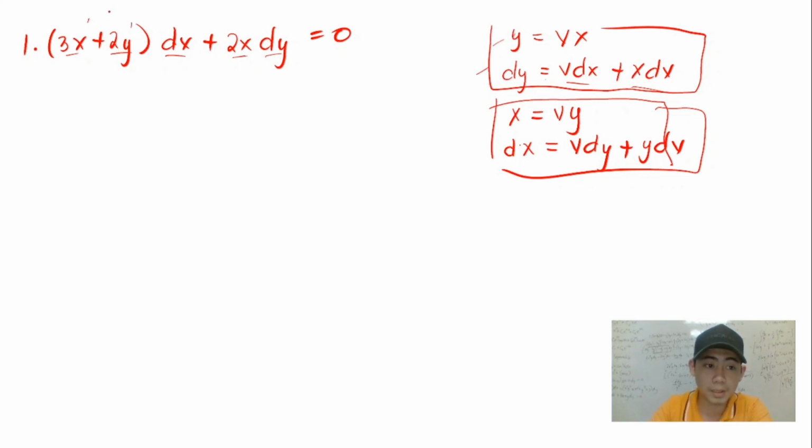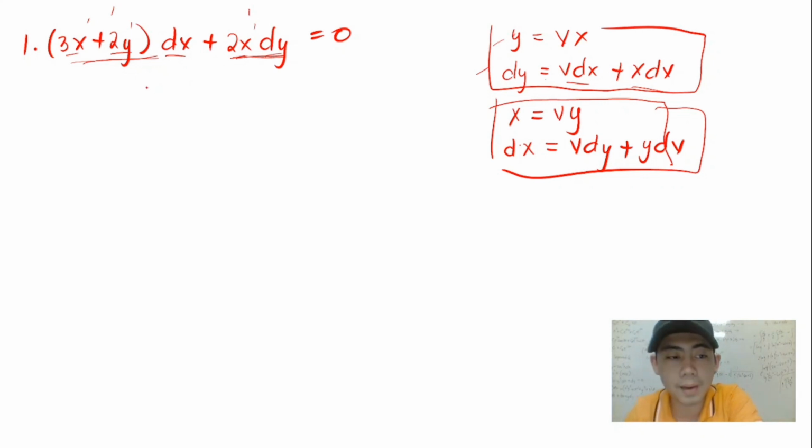Therefore, the degree is 1. Sa kabila naman, sa second term, si 2x, ang exponent ni x is 1. So, therefore, ang degree dito sa second term is 1. So, nasunod na natin yung rules ni homogeneous na dapat same degree sila ng first term at the same time yung second term.